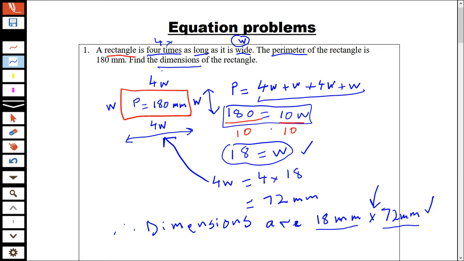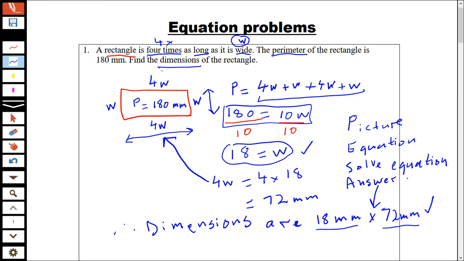Okay. So what are the steps here that we did? Well, we did a picture or a diagram, and we wrote an equation. And we solved the equation. And then we answered the question.